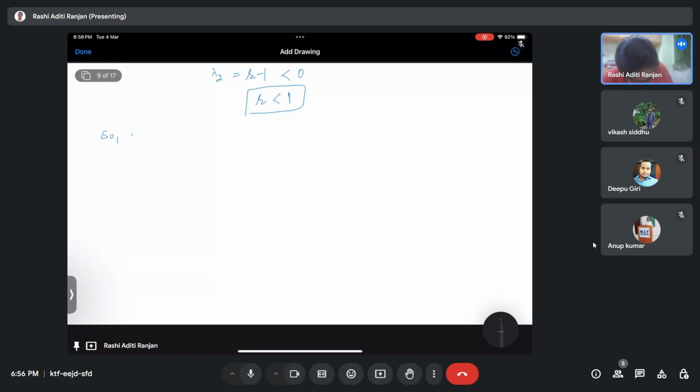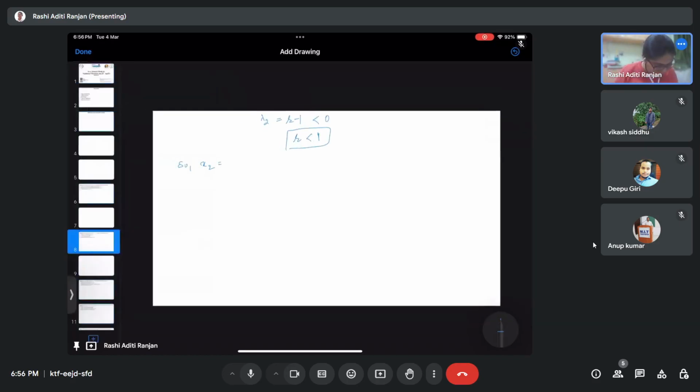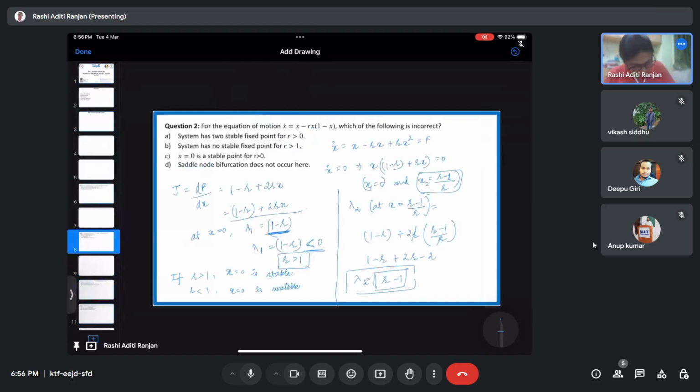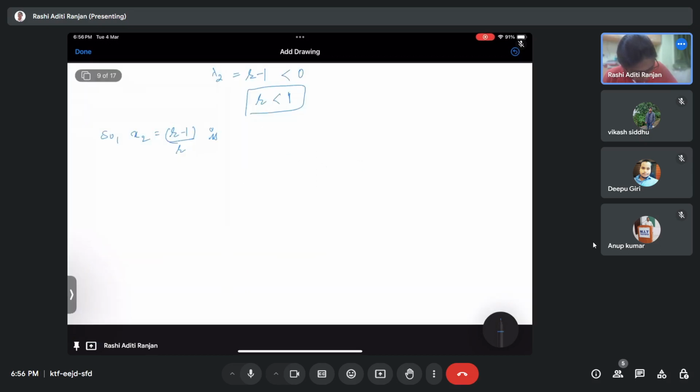So x2, which is nothing but (r minus 1) by r, is stable for r less than 1 and unstable for r greater than 1.